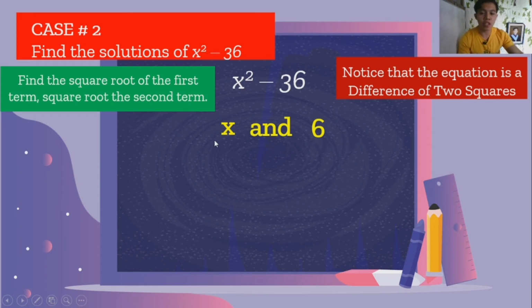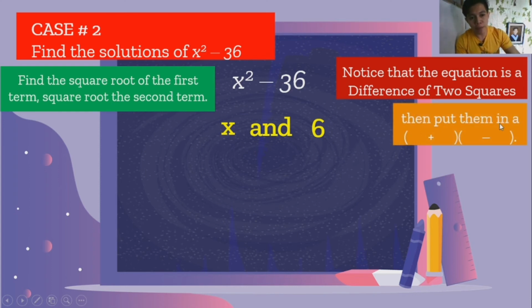So, anong gagawin natin dyan sa x and 6 na yan? Put them together in a parenthesis with different signs. Yung isa plus, yung isa naman ay minus. So, ilalagay lang daw natin siya, yung x sa unahan at yung 6 dun sa hulihan, and then with different signs. So, may plus at may isang minus. So, na-factor na natin siya.